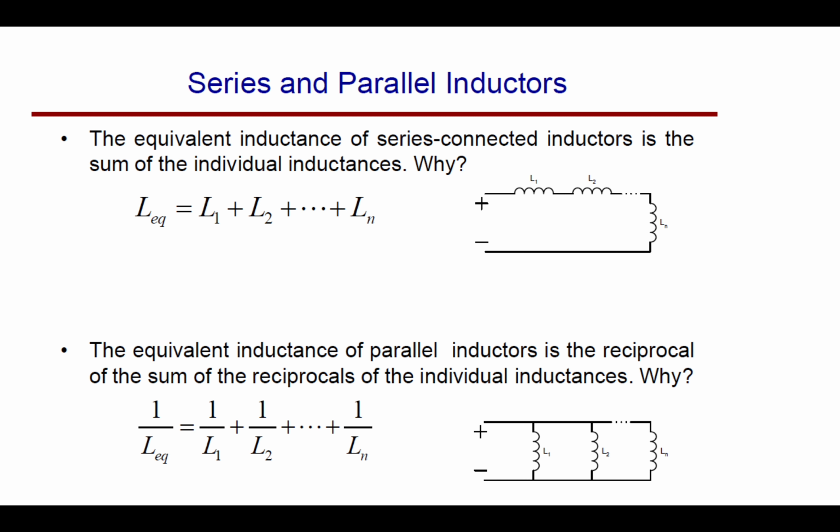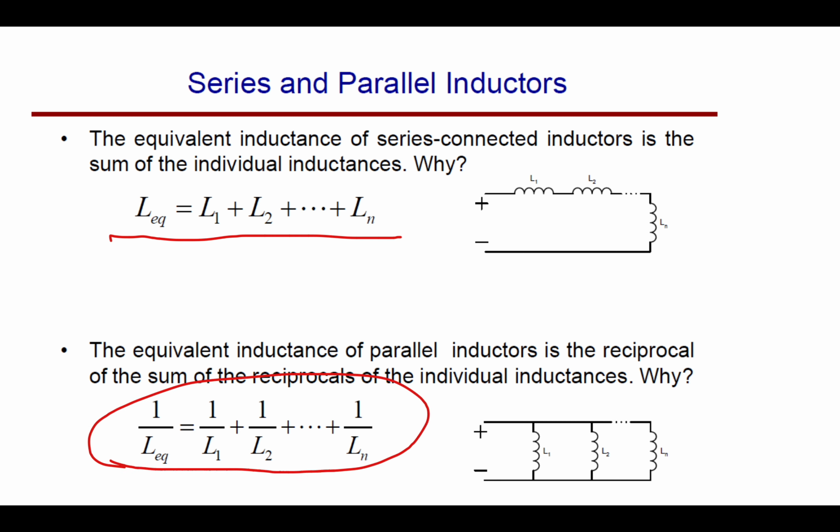Then we introduce the series and parallel of inductors. It's similar to the series and parallel of resistors. When resistors are in series, we add them together, and when inductors are in series, we add them together, and when the inductors are in parallel, we have this equation.